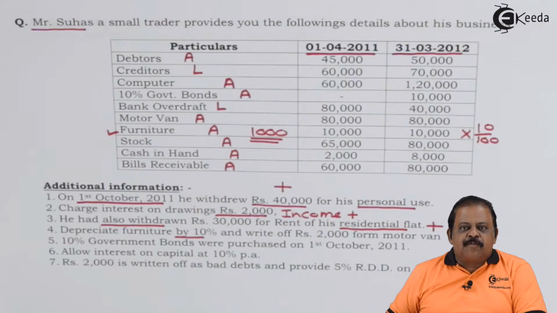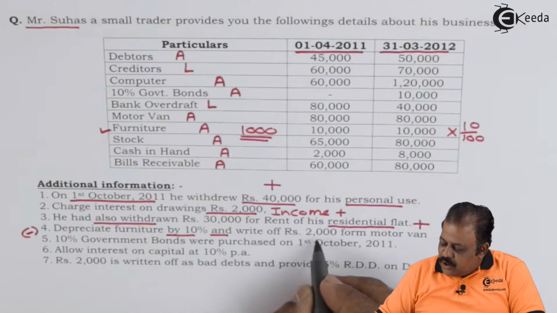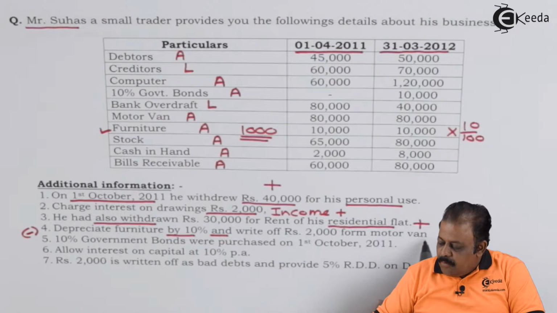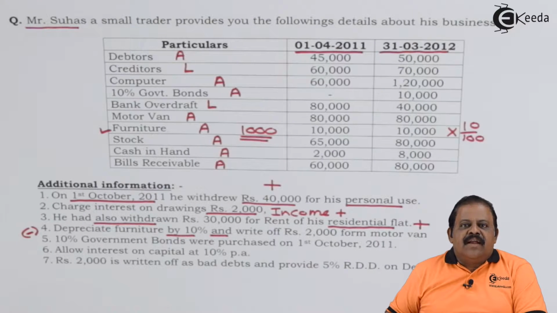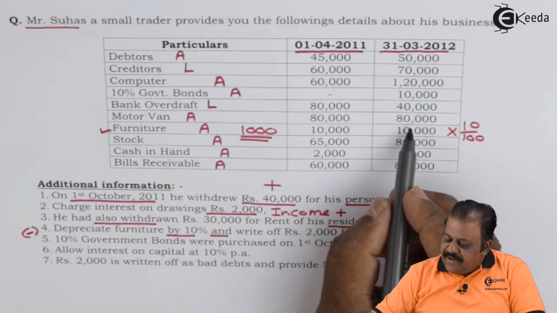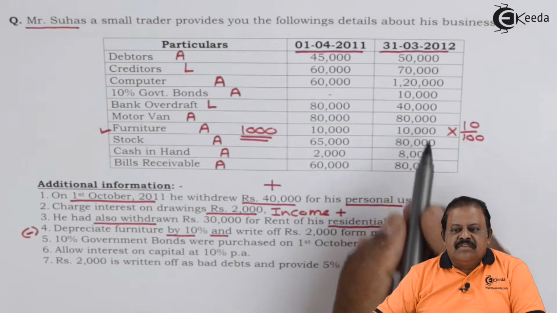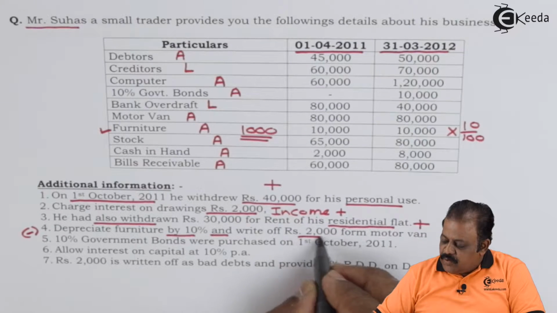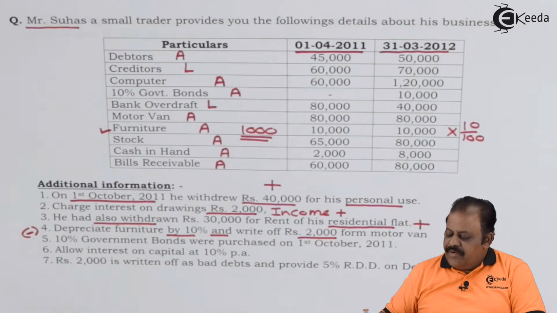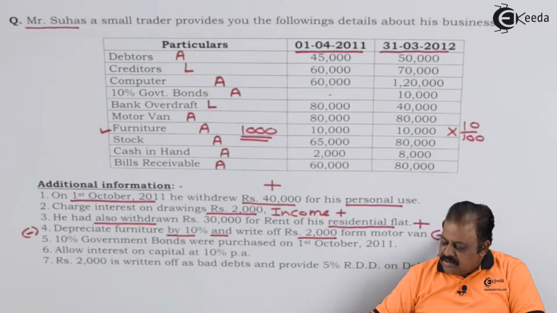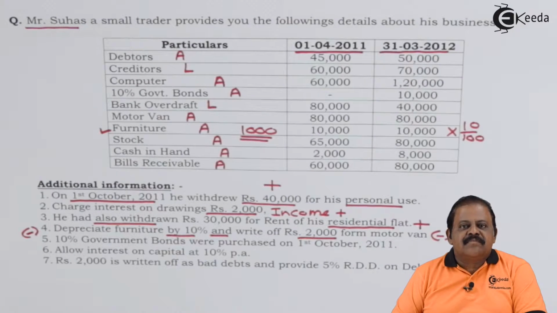This amount is an expense. This will be deducted. And write off 2,000 from motor van. Writing off assets is another kind of depreciation. Motor van we have 80,000. Depreciation amount directly given 2,000. So we are required to deduct this amount. This is also expense.